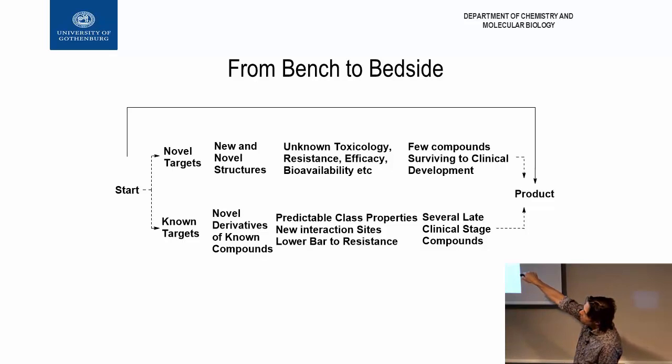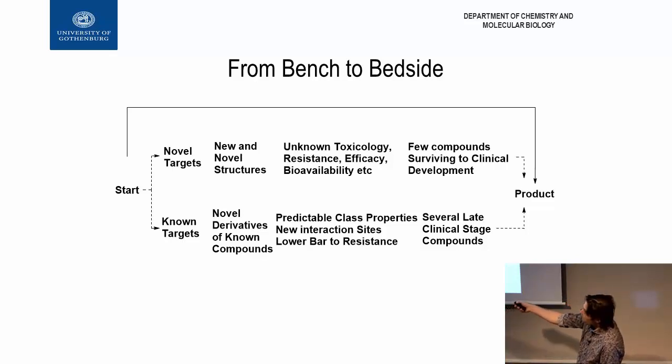When I say novel targets and known targets, it means the following. Novel targets, this means that we have a molecule that has some interesting properties. If you give it to a cell, it does something we're interested in, but we don't know how it does it. So we don't know what it binds to. That's what I mean with a novel target. But if I have a known target, I know exactly what this molecule does, what protein it sits on, which process in the cell it interferes with.